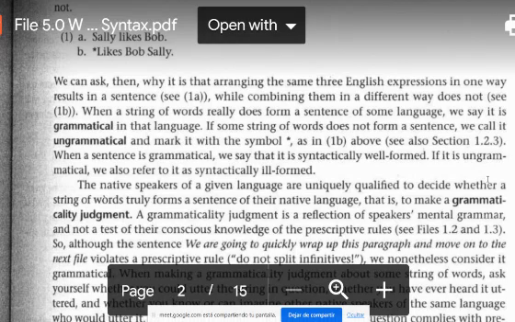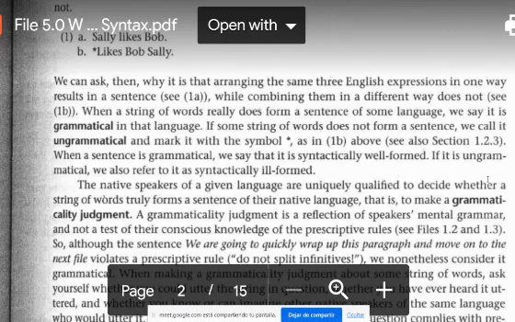I'm using this book, but I'm going to compare these copies with the copy of the other author, Andrew Carnie. Syntactically well formed versus syntactically ill formed.